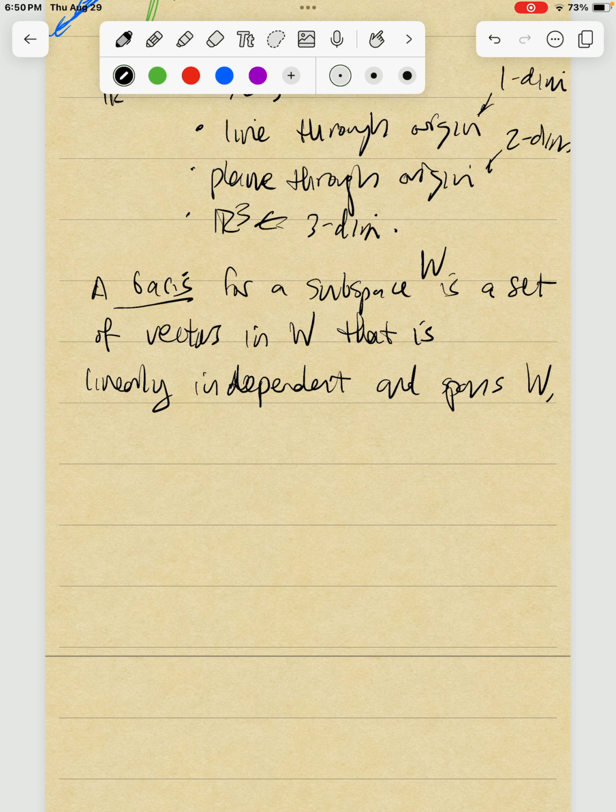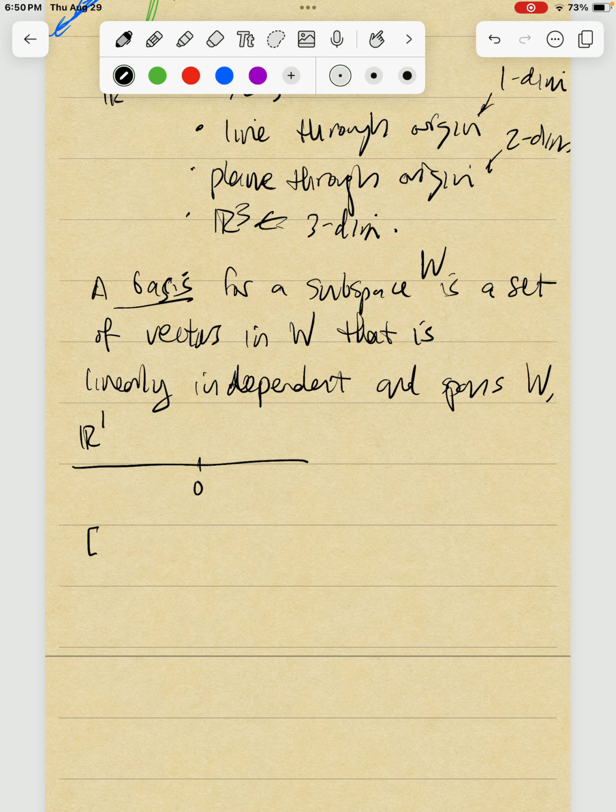So for instance, let's even just look at R1. The elements of R1 are just vectors with one component in them, and you can just identify those with numbers.